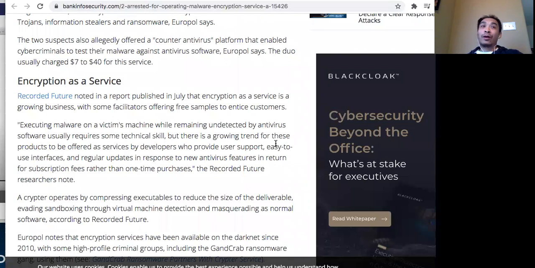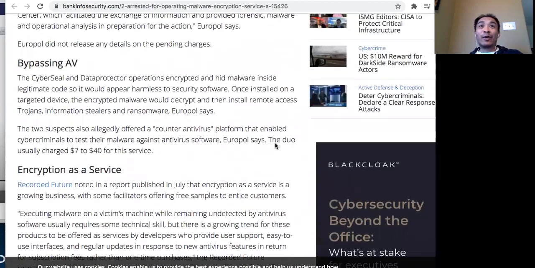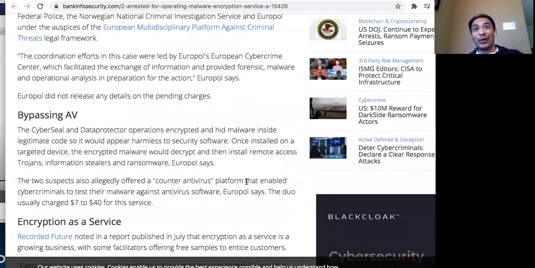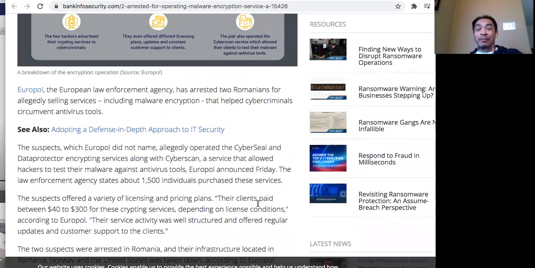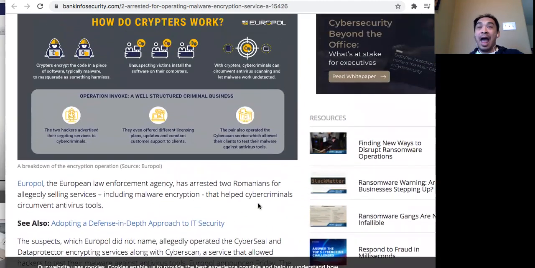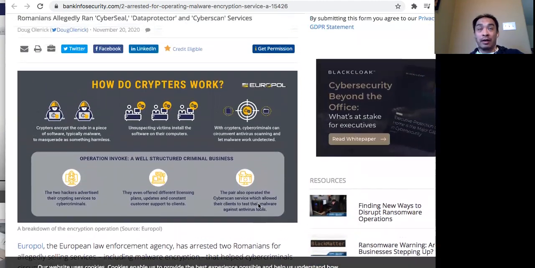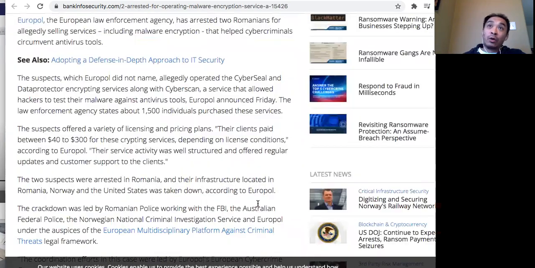Unfortunately, we're a college competition, right? We wear the white hat. So I don't believe the organizers would allow us to go ahead and purchase these crypting services. But there could be an argument that if you want real fidelity, really accurate emulation of these attackers, you would go down this route.